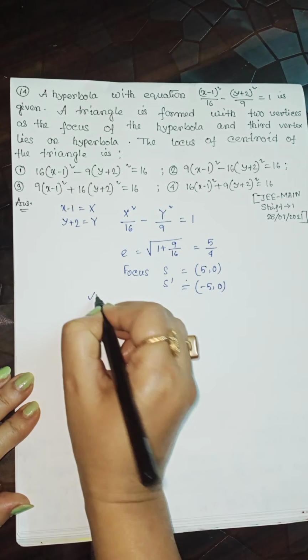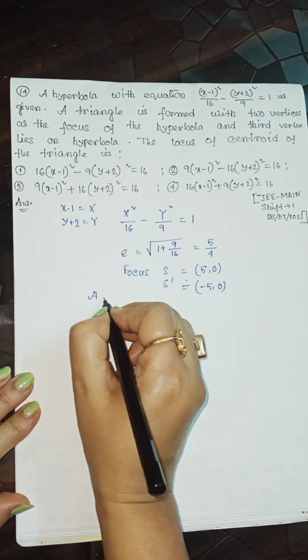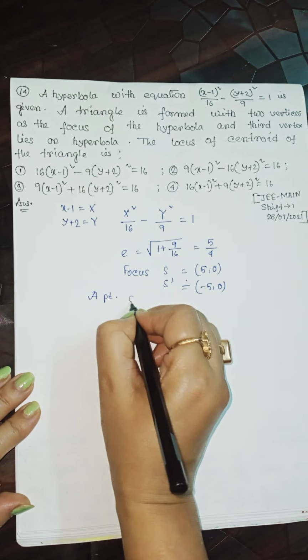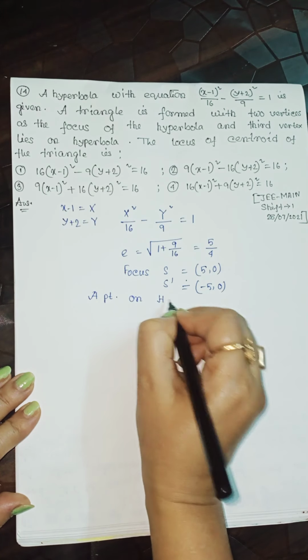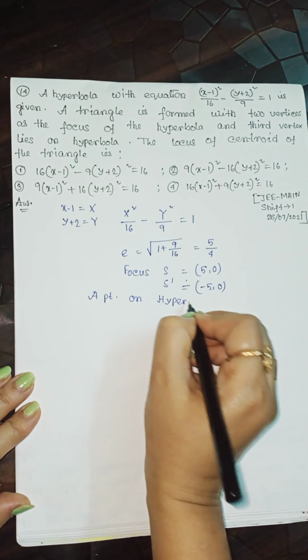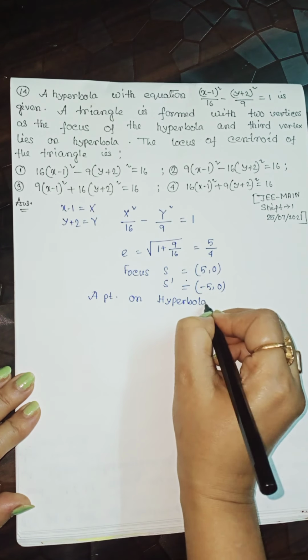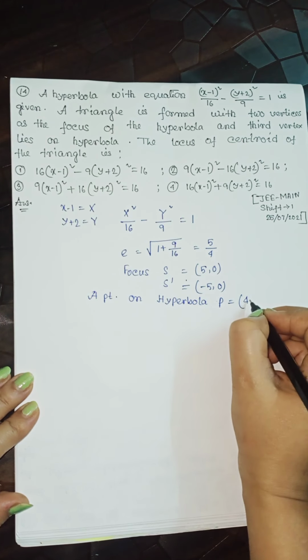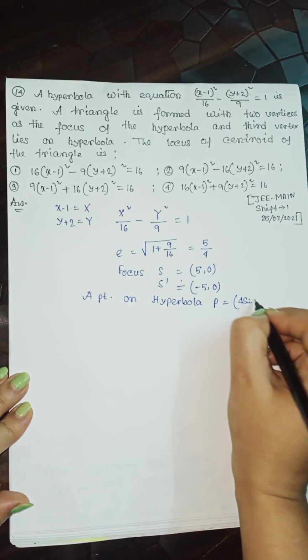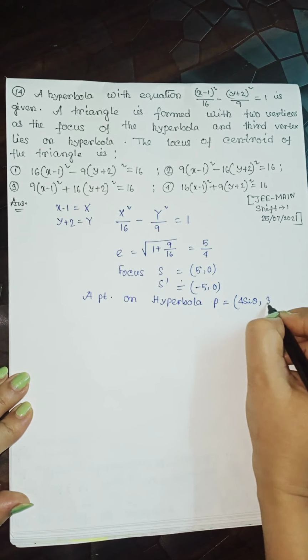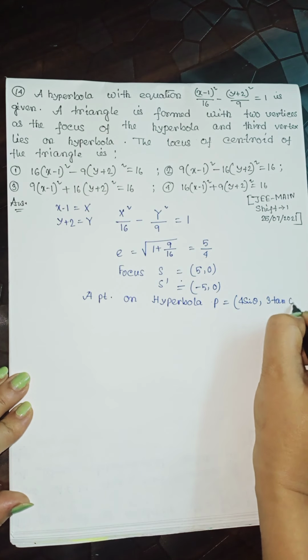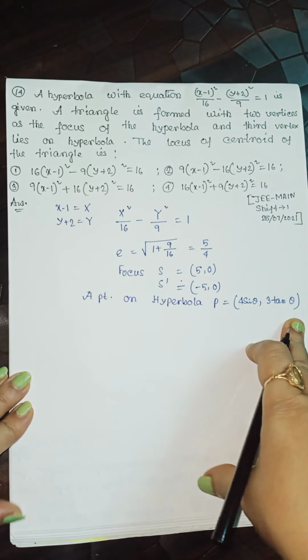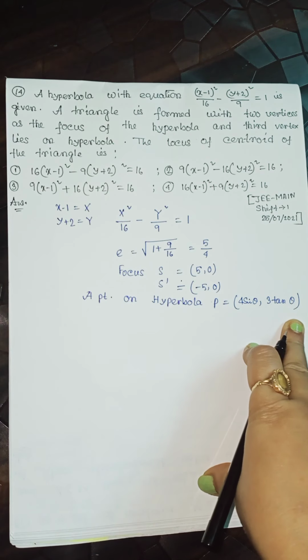A point on the hyperbola is mentioned in the question. So a point P on the hyperbola is (4 sec theta, 3 tan theta). So this is the point on the hyperbola.